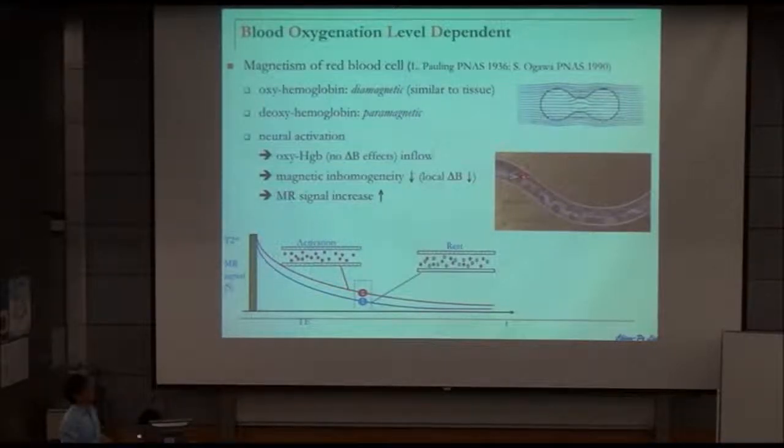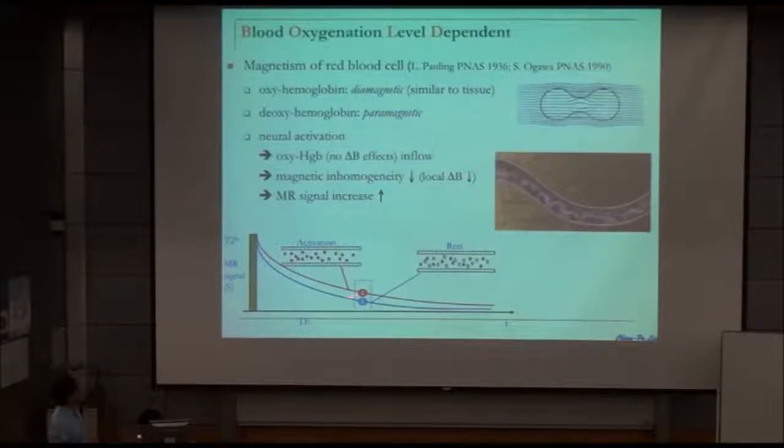For example, when there is some brain activity, as I just introduced, the oxygen absorption is less than the inflow, so there is a lot of fresh oxygenated hemoglobin inflow. That means both regions have similar magnetic properties, so they have a more homogeneous magnetic field, so the signal is higher.